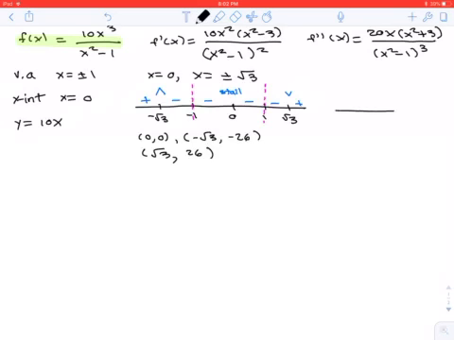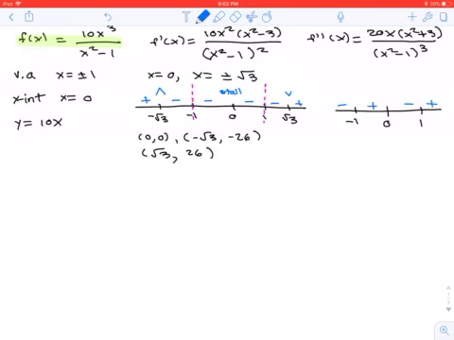So I'm going to make a sign chart, and I'm going to have 0. Again, I still want to know the concavity to the left and right of our vertical asymptotes, so I'm going to also consider those. Plugging numbers into our second derivative, to the left and right of each of those, I got negative, positive, negative, positive. So that is our concavity.